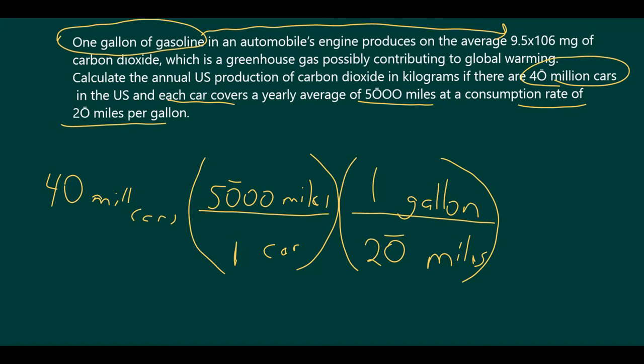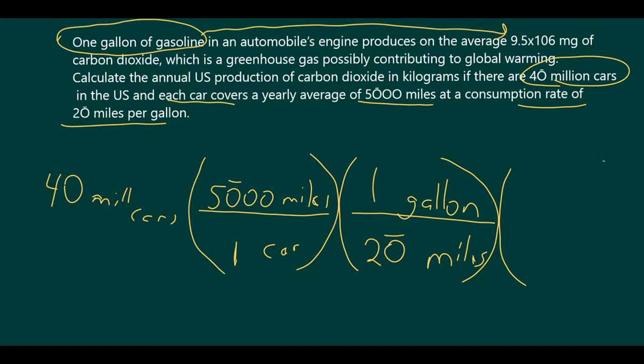Because ultimately the question is asking me about carbon dioxide, and in order to get to carbon dioxide, I know the relationship between gasoline and carbon dioxide. So this will ultimately get me to that. So I know that is true.